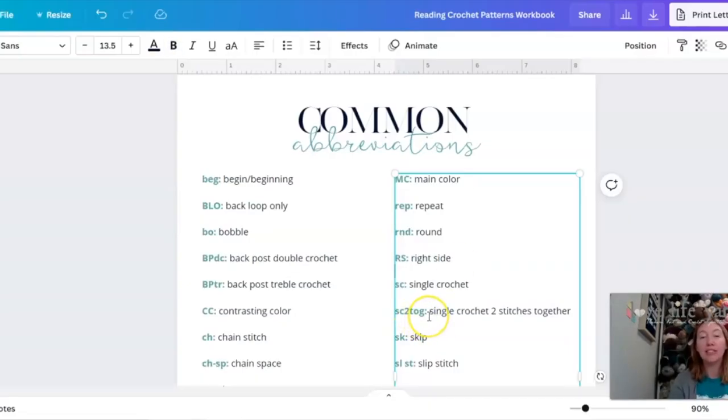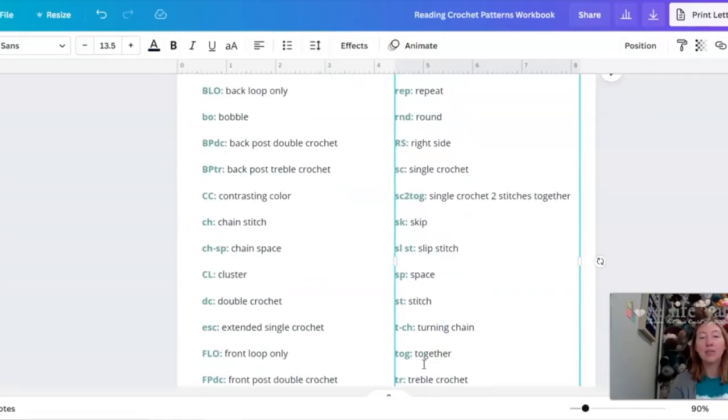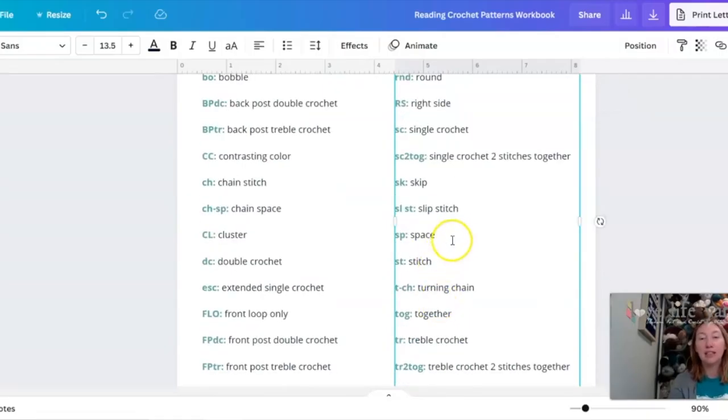SC2 together is single crochet 2 stitches together. SK is skip, so it'll tell you to skip the next stitch, or skip however many stitches. SL ST is a slip stitch. SP is a space. ST is a stitch. And of course STS would be stitches.